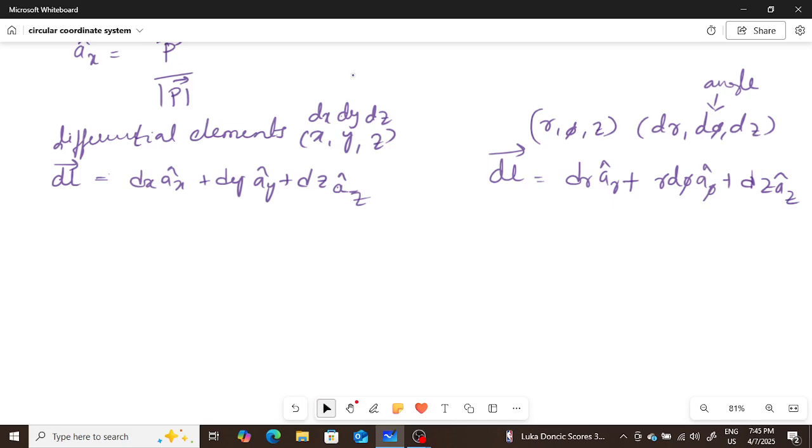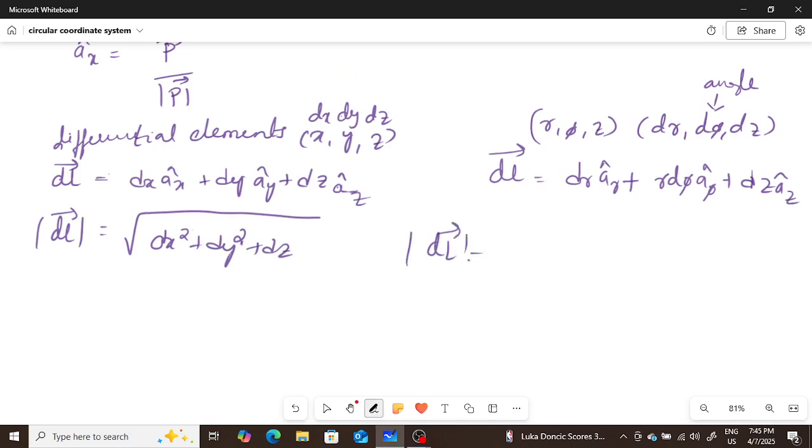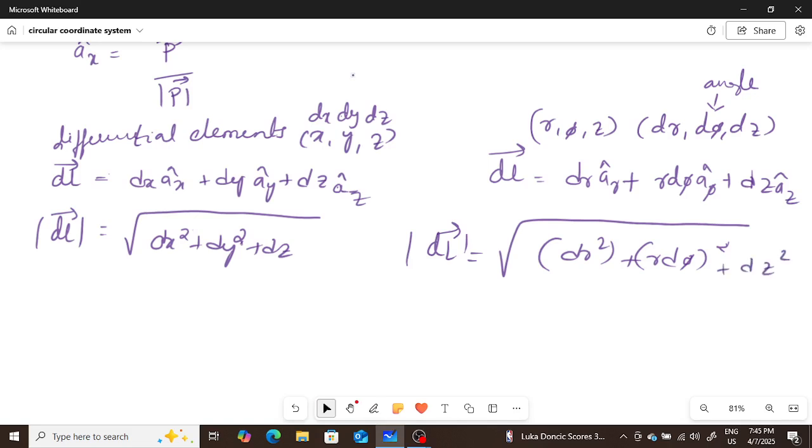Okay. So the next is the magnitude of dl. What is it? The square root of dx square plus dy square plus dz square. Similarly, the magnitude of dl in cylindrical is the square root of dr square plus (r dφ) square plus dz square.